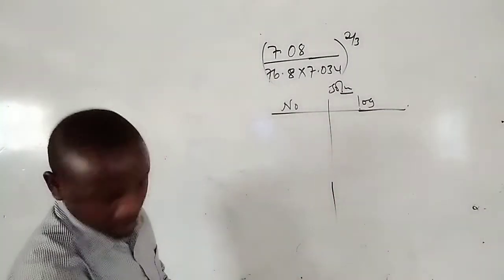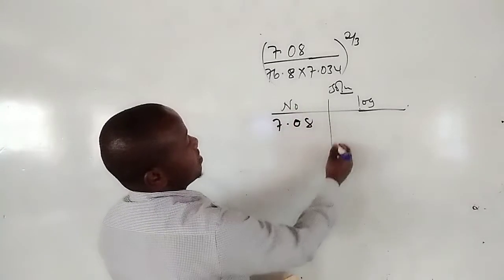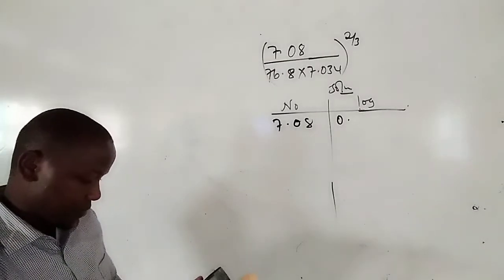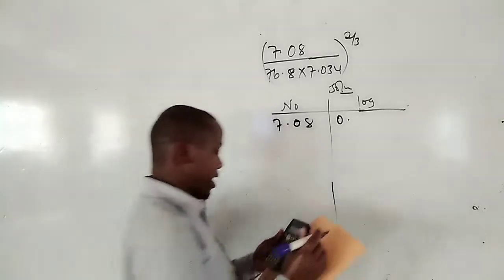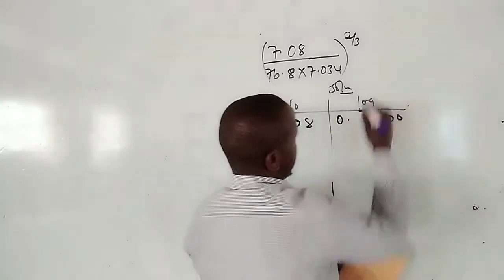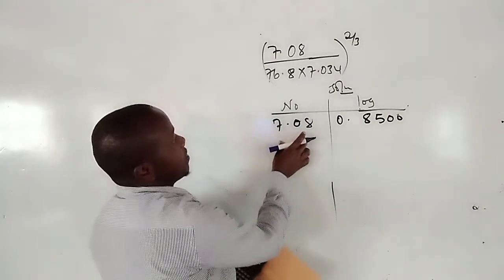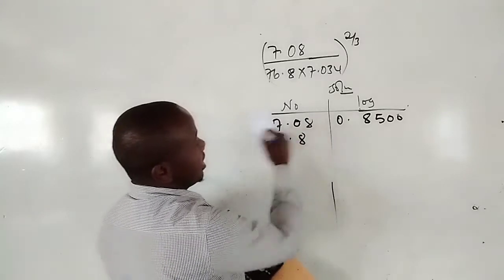So with that now, the first number is 7.08. The logarithm of 7.08 is 0.8500. Then the other number is 76.8.